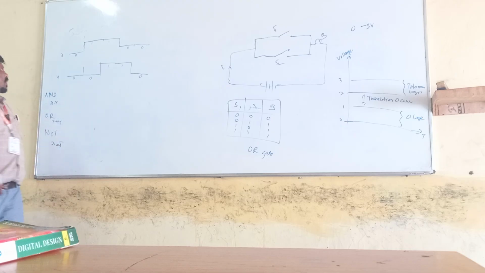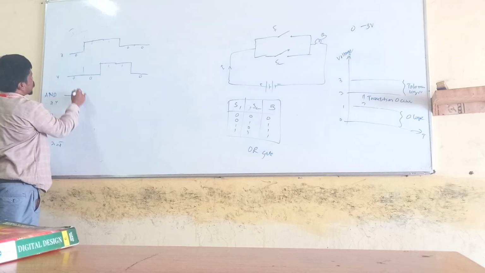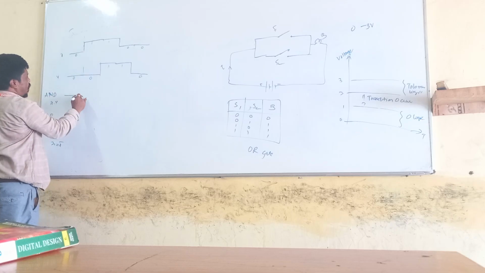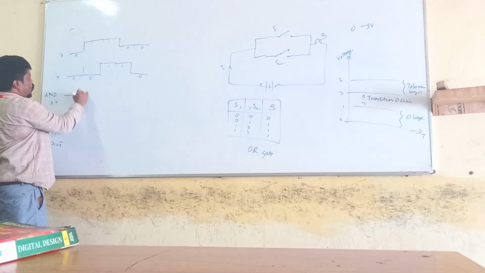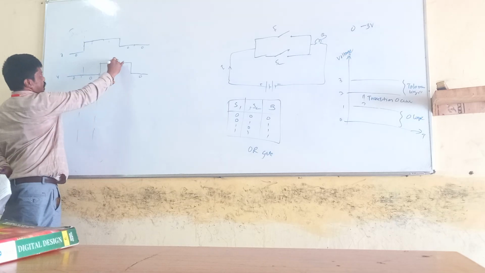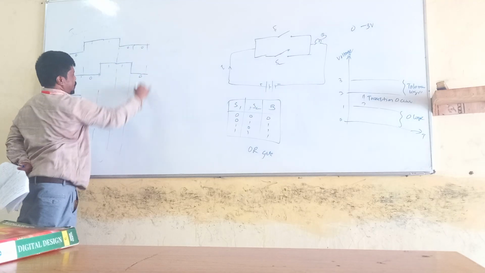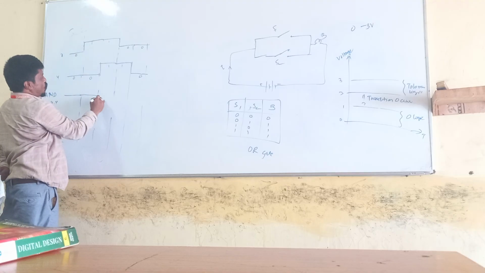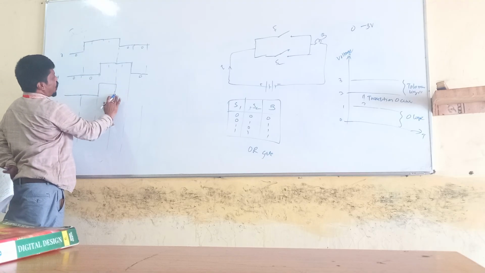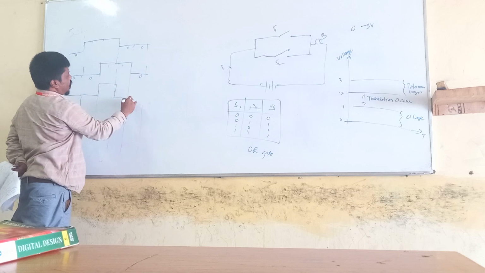Now implementing x dot y: the 1 0 combination for the AND operation gives 0. The 1 1 combination gives 1. The 0 1 combination gives 0, and 0 0 gives 0.